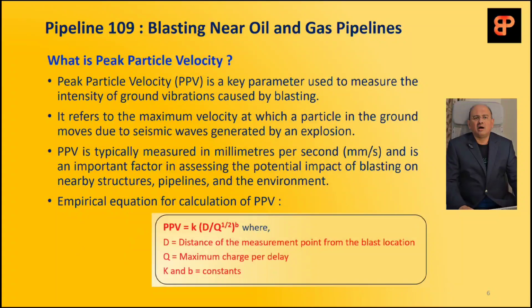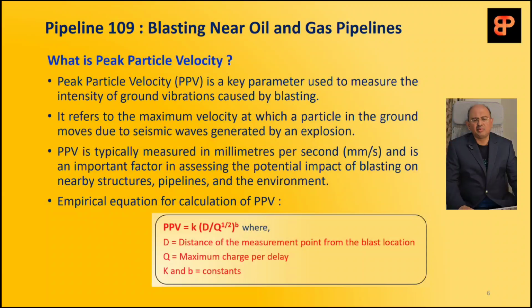Let's see how this is analyzed and assessed during the actual blasting. So there is a term called peak particle velocity. Peak particle velocity is a key parameter used to measure the intensity of ground vibrations caused by the blasting. It refers to the maximum velocity at which a particle in the ground moves due to seismic waves generated by an explosion.